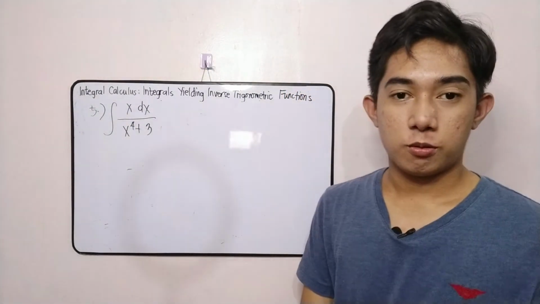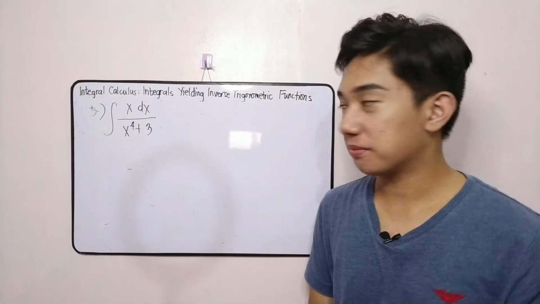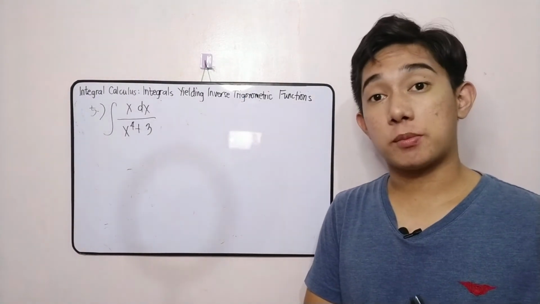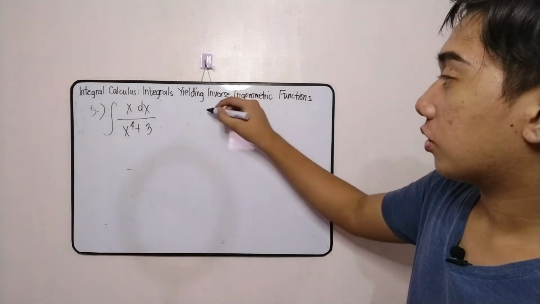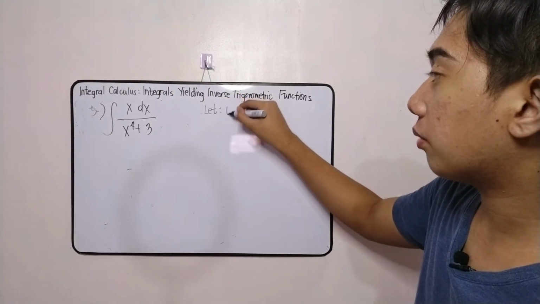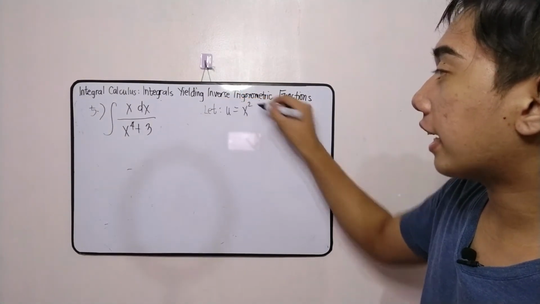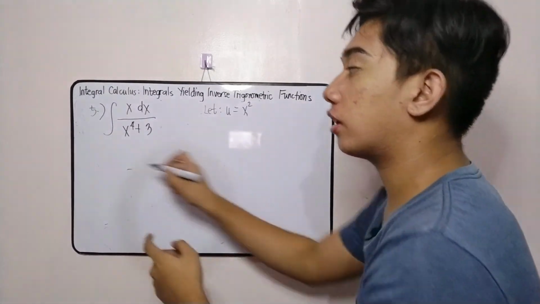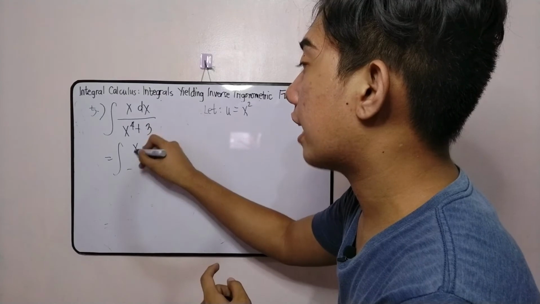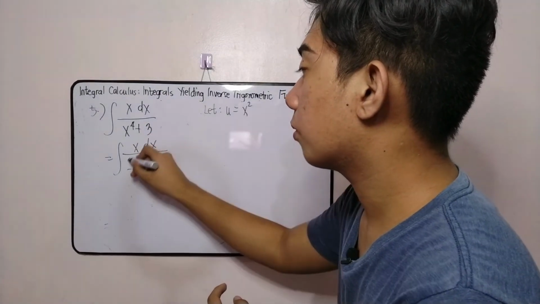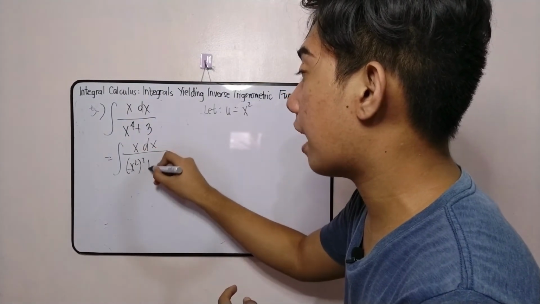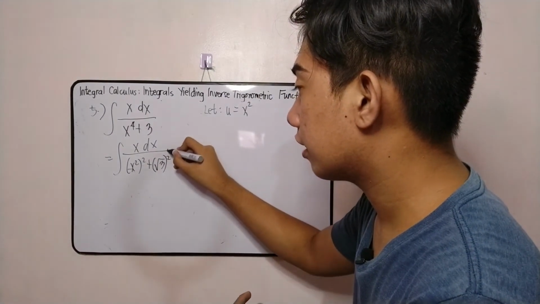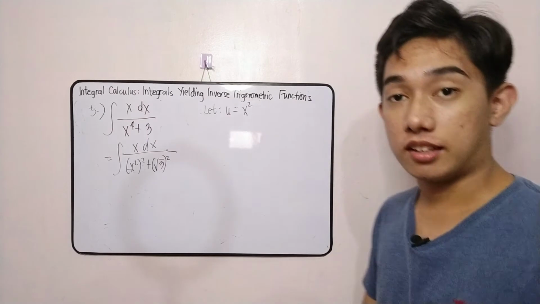Wow! Paano natin yun siya gagawin? So again, para mas madali, we will use u substitution. So let u is equal to x squared. Bakit x squared? Because we can easily transform this denominator into x dx all over quantity x squared plus, pwede natin siyang gawing square root of 3 squared, kasi pag cancel, 3 pa rin yung labas.